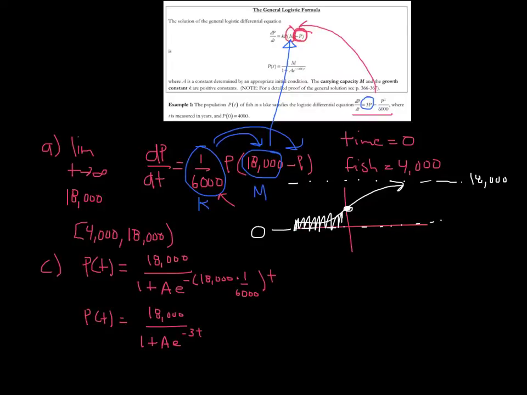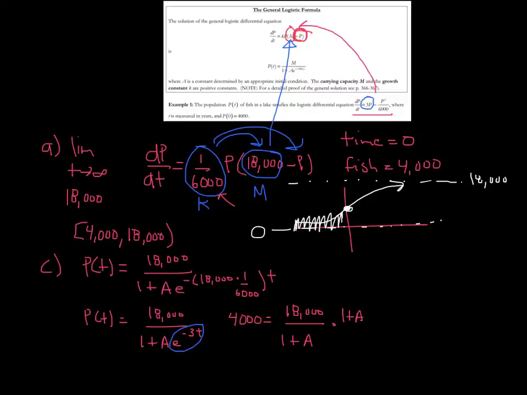All right, that's what we have. Now we got to use our initial condition. So it says that when time is 0, the number of fish are 4,000. So 4,000 is going to go over here on the left, and then we have 18,000 over 1 plus. Now, remember, when time is 0, you're going to have e to the 0, which is simply 1. So that's just going to give you a. And then I'm going to multiply both sides by 1 plus a.